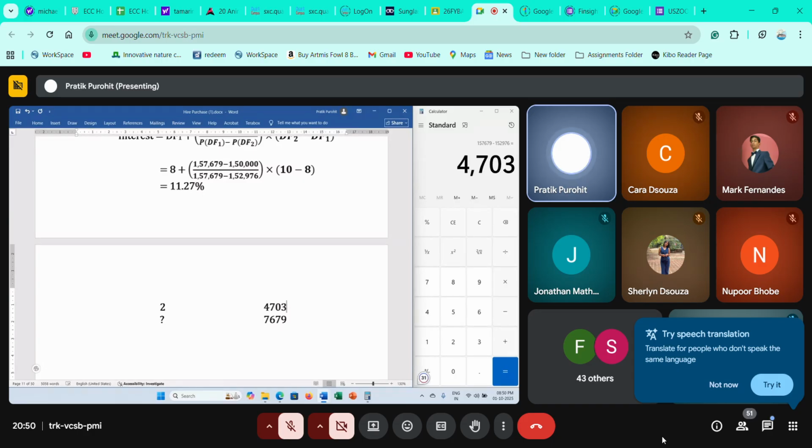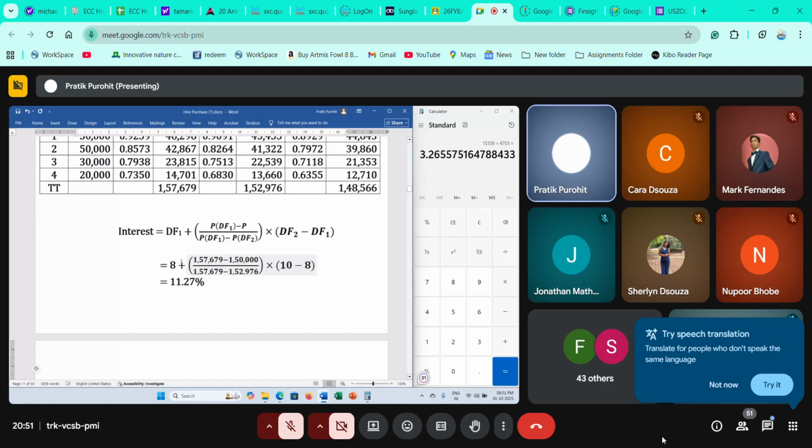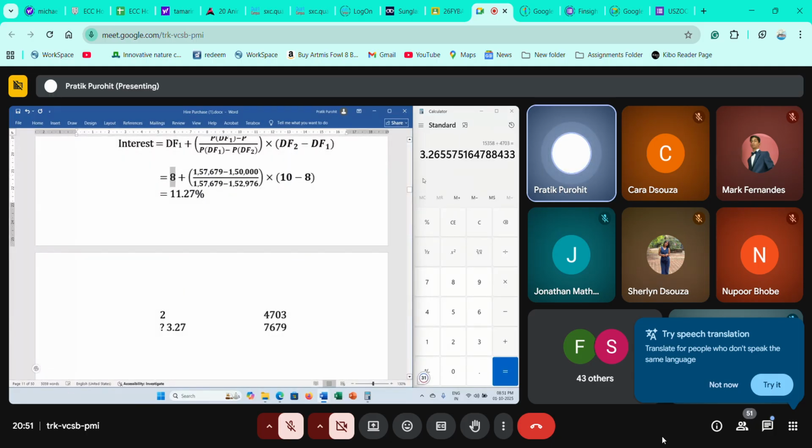So I just simply cross multiply to get my answer. 7679 into 2 divided by 4703, I get 3.26 or 27. So I need to make a change of 3.27 percentage. Agreed? If I'm at 8, I will have to change it by 3.27%.